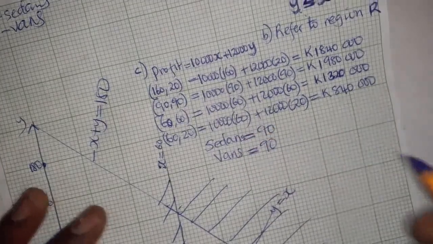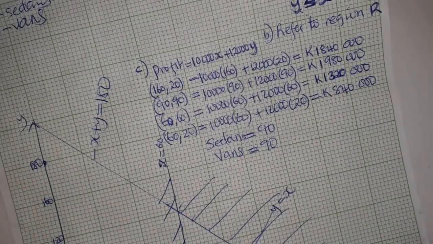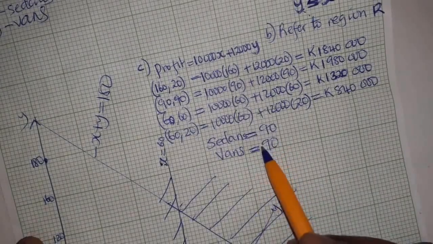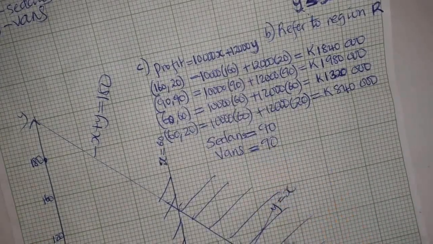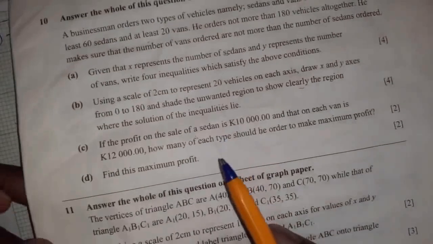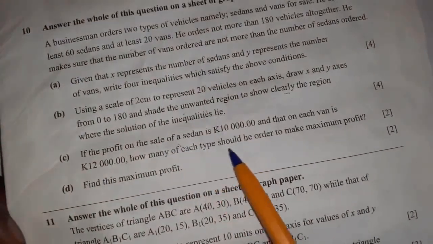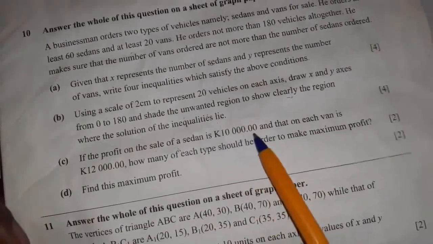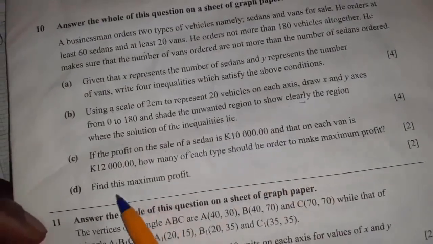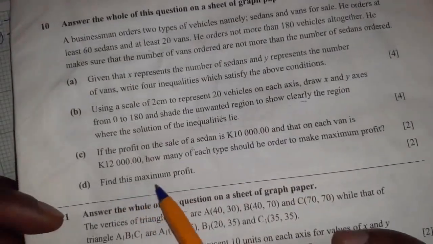Because the question says how many of each type should be ordered in order to maximize profit. So this is what is going to be your answer. Take note of that. How many of each type? So the combination that gave us the highest amount, that's what you get. Then find this maximum profit.